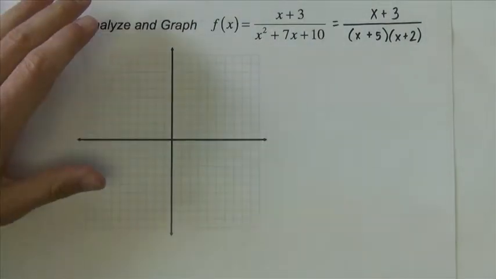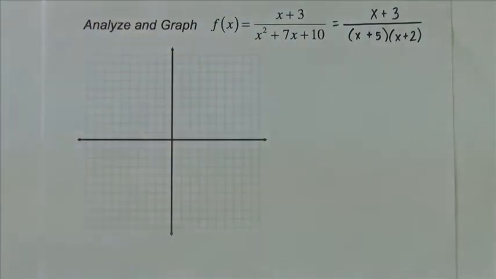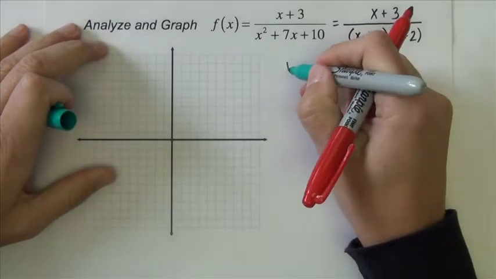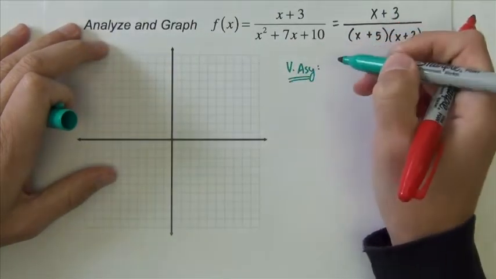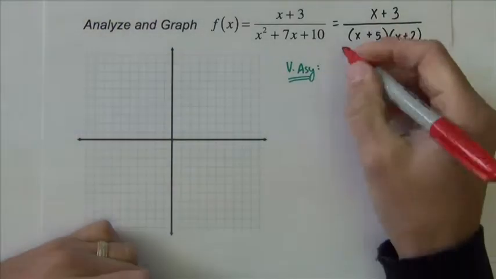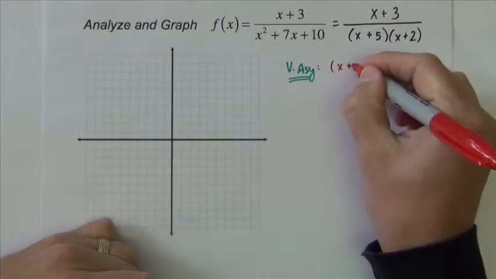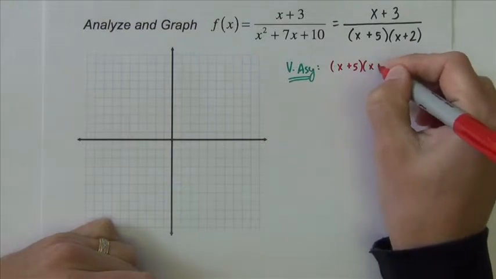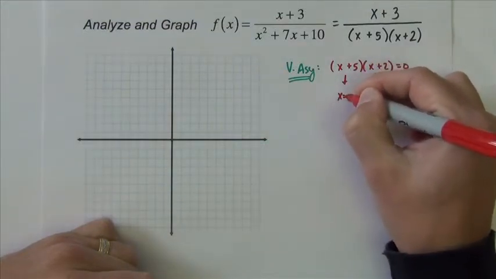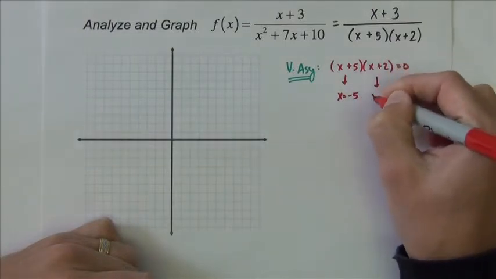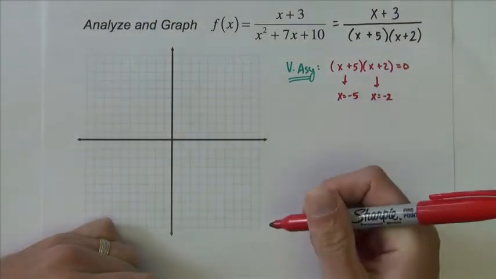So let's first find the vertical asymptote. The vertical asymptote happens where the denominator, x plus 5 and x plus 2, equals 0. So that happens at -5 and -2.